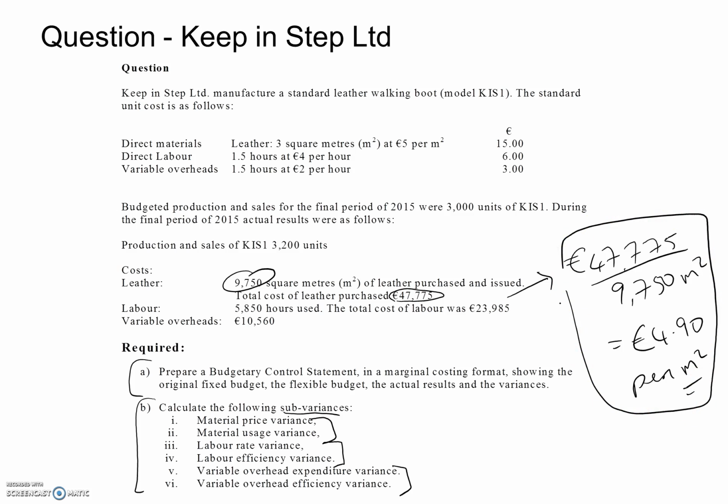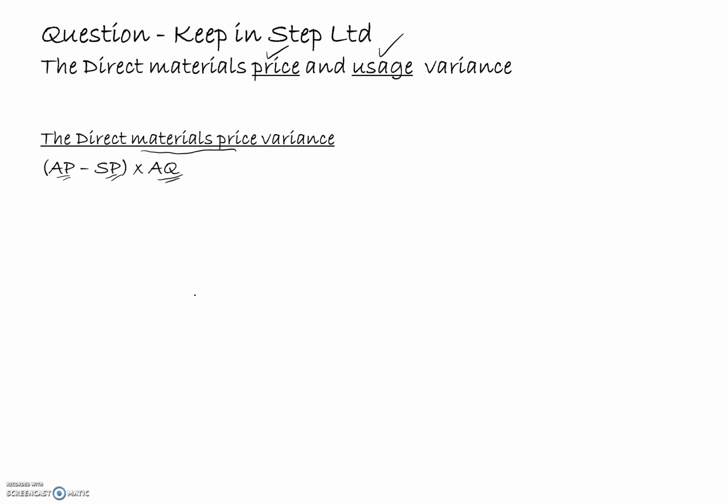So the actual price for leather came to €4.90 per square meter. Up here at the top of the question, the original budget or standard price was €5 a square meter, and the actual quantity, that's this figure here, 9,750 square meters. So if I go back to my question here, I'll pop in this information.